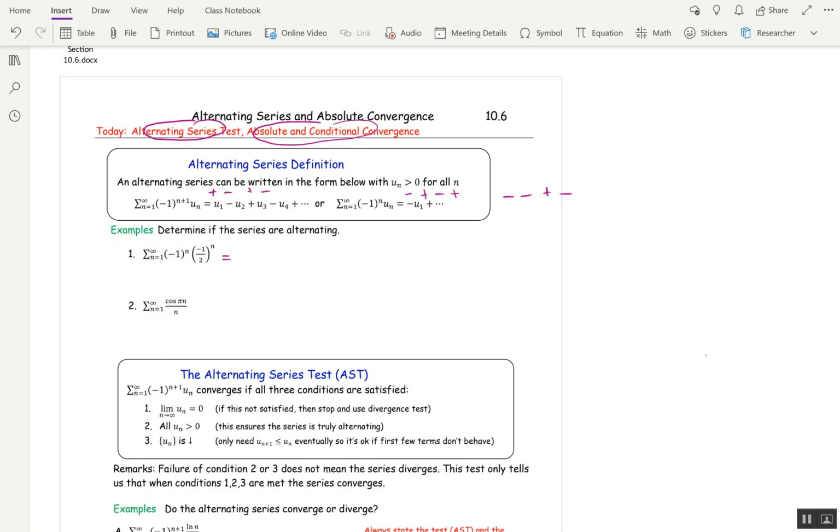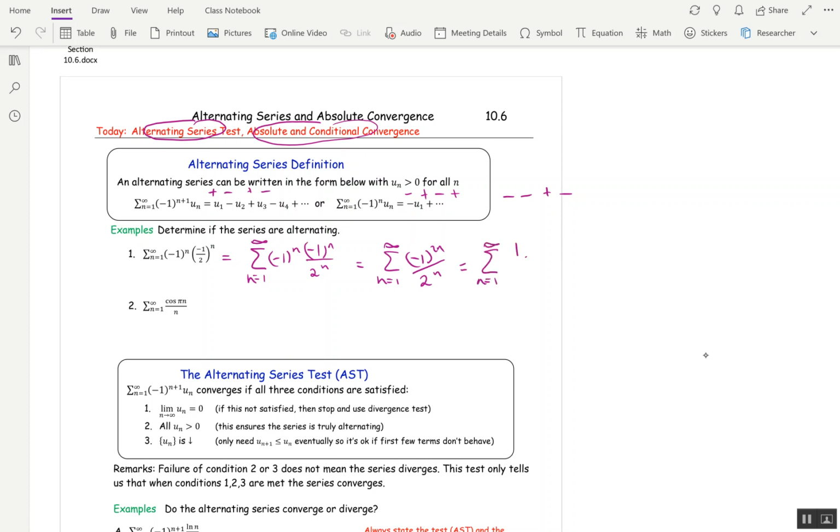This first one looks like it might be alternating because it's got a -1 to the n in it. But upon further reflection, if we rewrite (-1/2) to the n as (-1) to the n over 2 to the n, and then we combine exponents, (-1) to the n times (-1) to the n is (-1) to the 2n, we see that this series is not alternating because there are no negative terms at all. (-1) to the 2n is always positive.